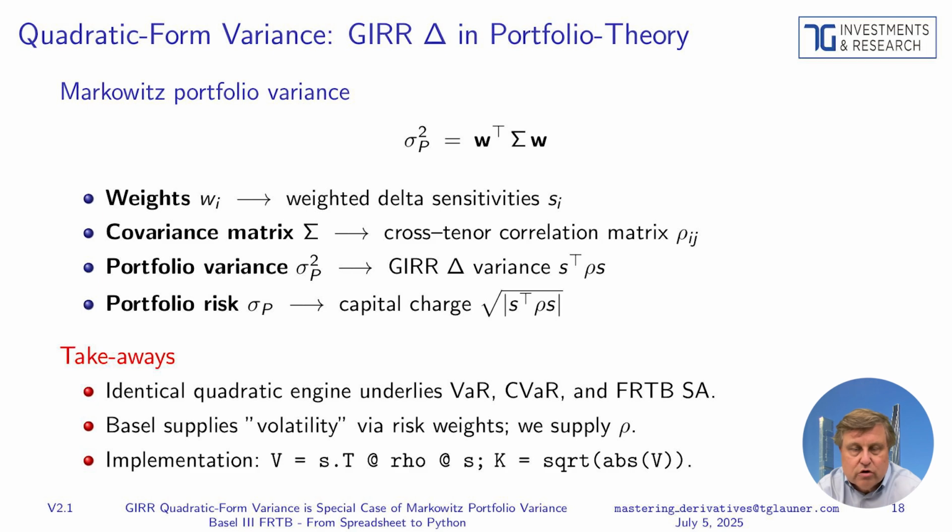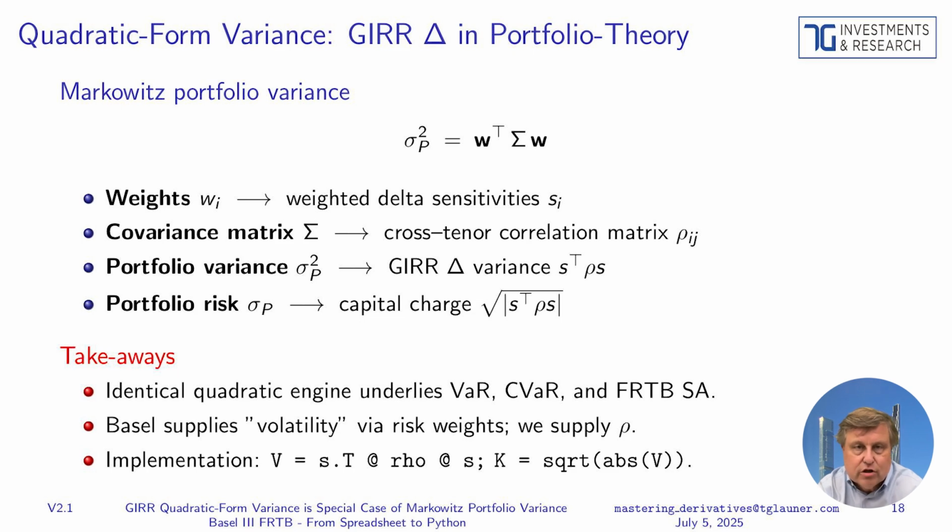Taking the square root of that expression gives portfolio risk, sigma p, which is exactly the capital charge, the square root of the absolute value of S transpose rho S. So please take away these 3 points from the slide. The same quadratic engine drives value at risk, conditional VaR, and the FRTB standardized approach.